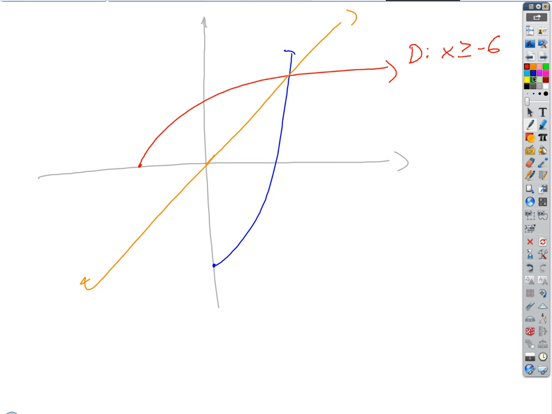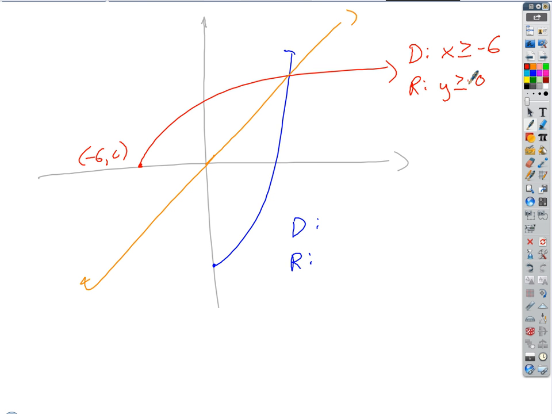For the blue function, we need to calculate the domain and the range, so do that for both. What do you notice about the range of this function? It's starting at the point -6, 0, and we're only going to pick y values above that one, right? So would you agree that the range is all y values greater than or equal to 0?